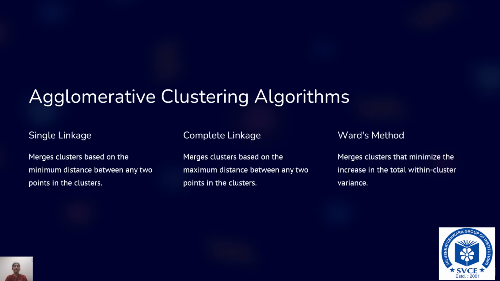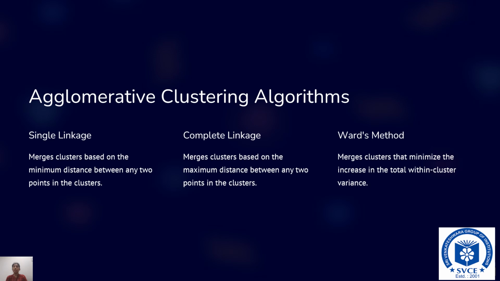Now, let us see the agglomerative clustering algorithms. First one is single linkage, second one is complete linkage, third one is Ward's method. In single linkage, it merges clusters based on the minimum distance between any two points in the clusters. This is called single linkage.